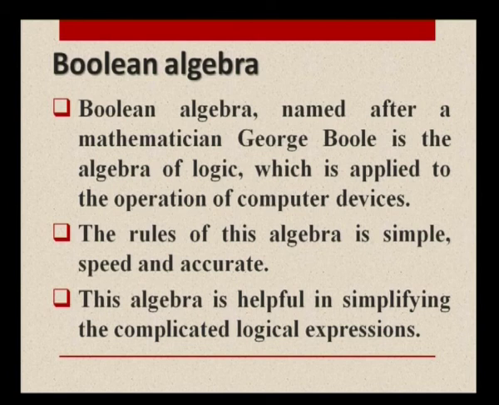The rules of this algebra are simple, fast and accurate. This algebra is helpful in simplifying complicated logical expressions. Keep one point in mind: Boolean algebra deals with only two values, zeros and ones.